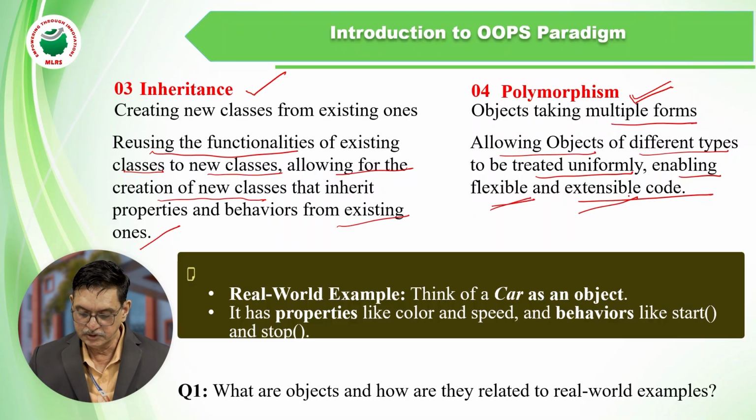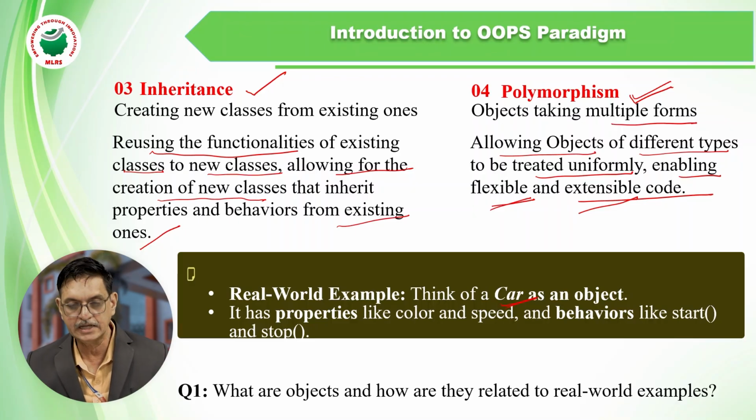In what way can we say this? For example, you can identify a real world entity, a car. That car can be treated as an object. It has properties, which can be color and speed, and it may have behaviors like start and stop.